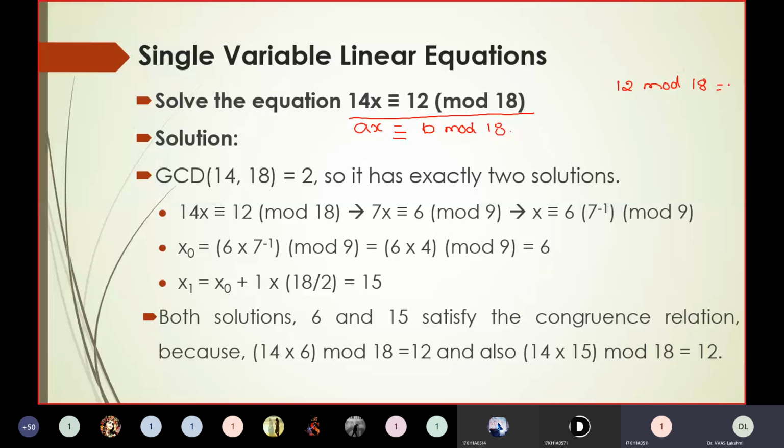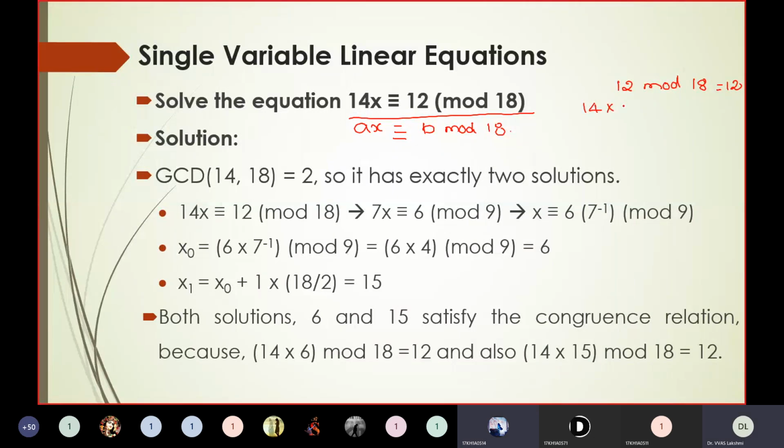What is the value of 12 mod 18? It is 12.